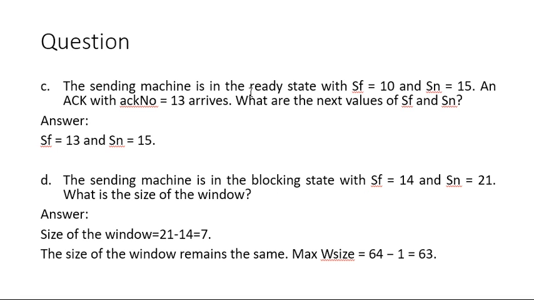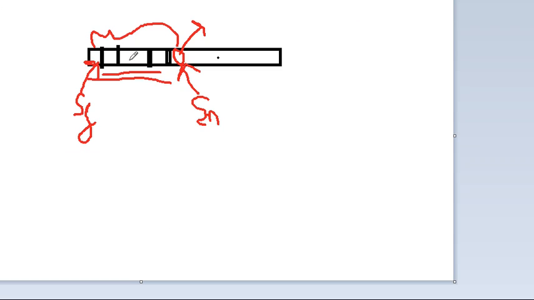Next question: the sending machine is in ready state with SF equals 10 and SN equals 15. Acknowledgement 13 arrives. Acknowledgement 13 means that for byte number 12, the acknowledgement number is 13. So 13 and 14 are remaining, because 15 is yet to be sent.